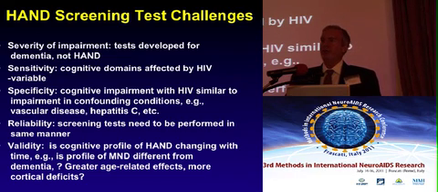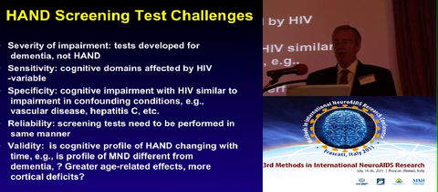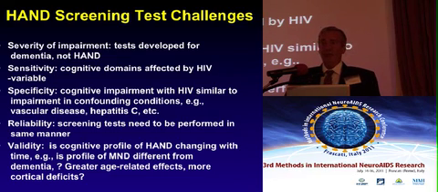There's no specific cognitive domain that's always impaired in a patient with HIV dementia. Some patients may have impairment in psychomotor speed performance, others may have impairment in executive functioning, others may have impairment in memory, but there's no specific domain that you can use in a screening test to diagnose the condition.